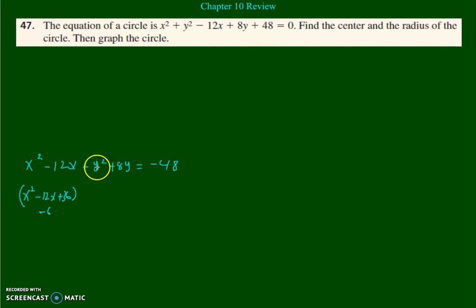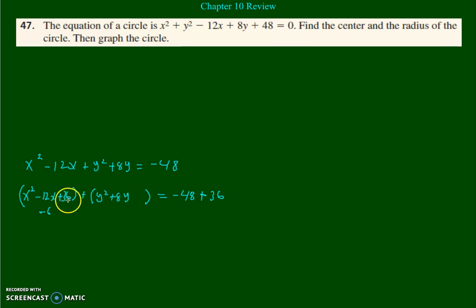I'm going to complete the square on these two y terms. So this is plus, and we have y squared plus 8y, and give ourselves a little space, equals, and then we have this negative 48, and remember we had this plus 36 out here. So plus 36.